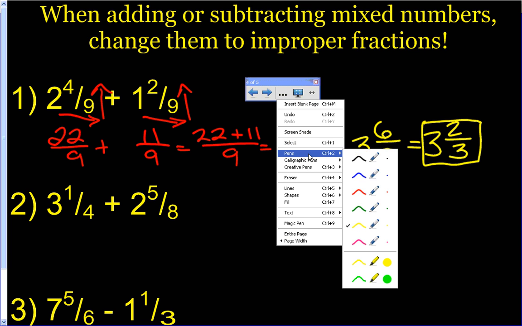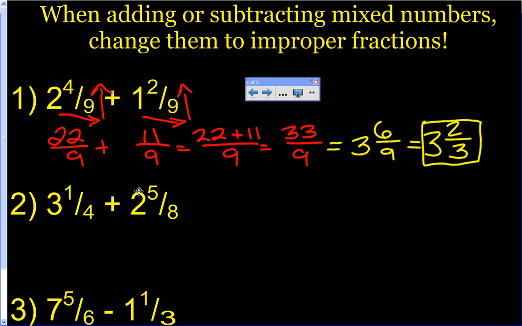All right, so let's look at number 2. Change them to improper fractions. 3 times 4 plus 1, 12 plus 1 is 13 over 4. 2 times 8 plus 5, 16 plus 5 is 21 over 8.